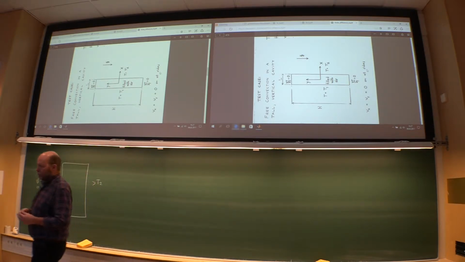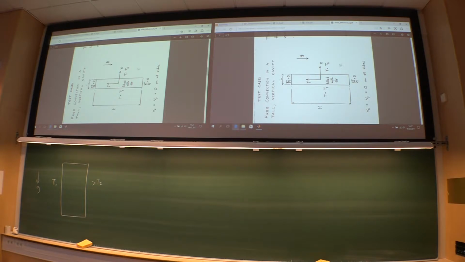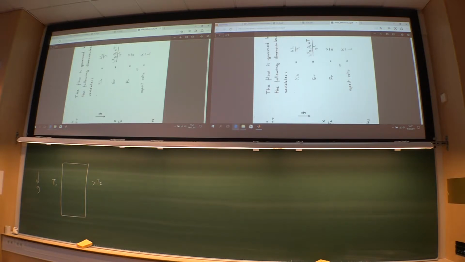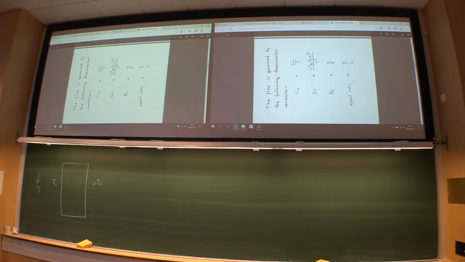And the driving force here depends on how the density changes. But we are going to cheat. We are not going to let the density change at all. But we are going to use sort of the buoyancy effect from hot fluid.